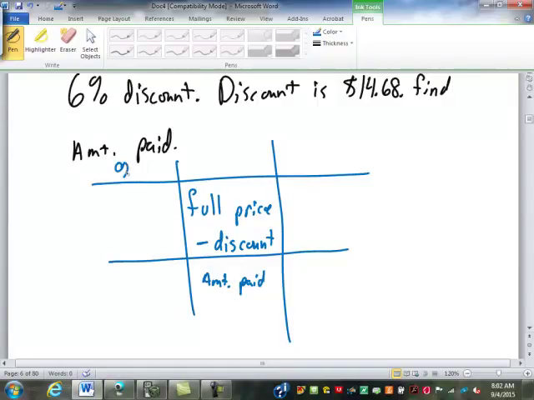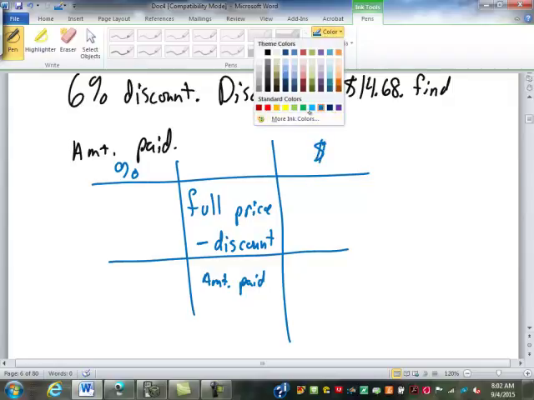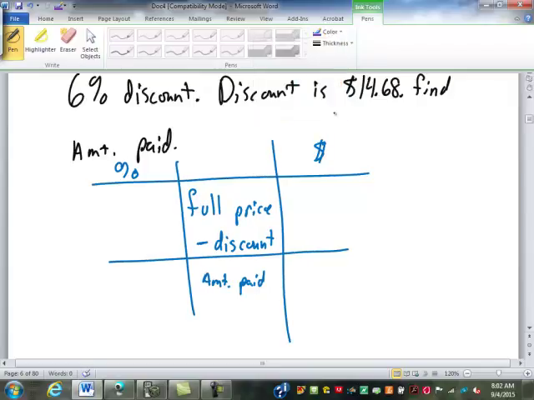They're always going to be represented by a percent, and then they're going to be represented by, in this case, a dollar amount or some other sort of an amount. So it's a dollar amount in this case. So if we put in what we know, we have 6%. That represents the discount right there. On the other side, the $14.68 represents also the discount.